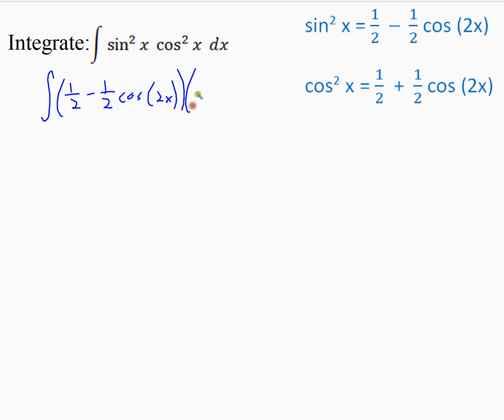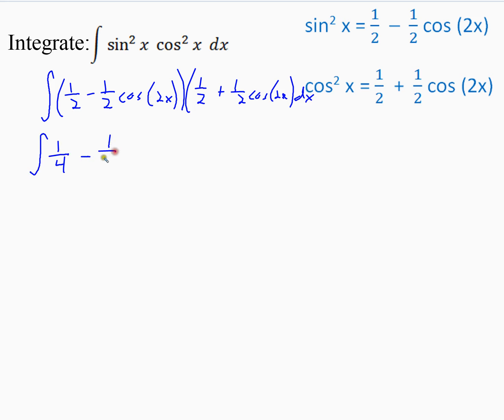And then for cosine, it's really the same thing except it's a plus sign, dx. Now what we'll do is multiply this out. This works out really nicely because this is in the form a minus b times a plus b, and we know that we get the first thing squared minus the second thing squared.